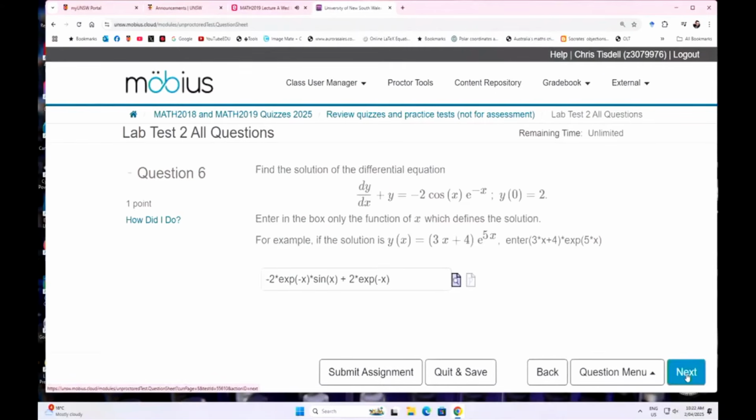Okay, same one. All right, now we're getting into DEs, differential equations. So there's a little game that you play when you're given a differential equation.